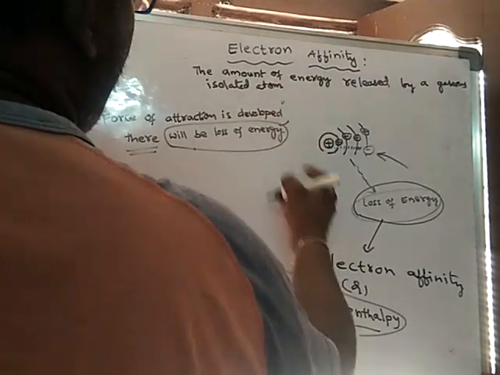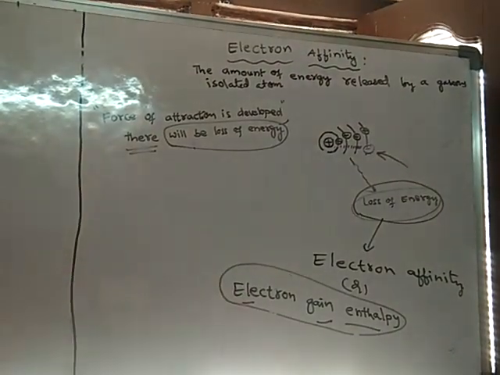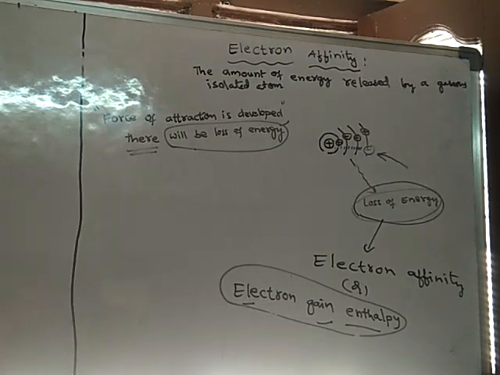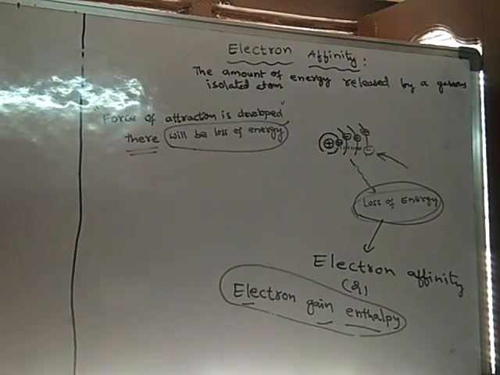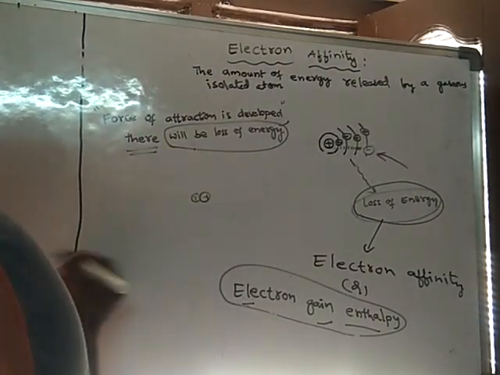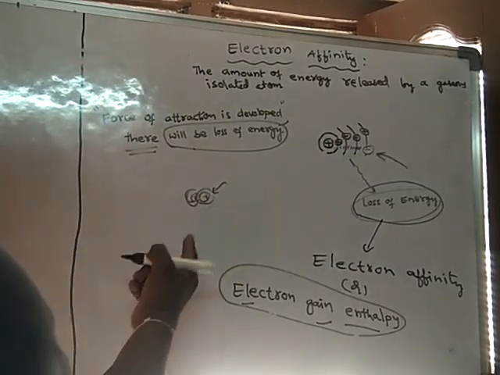Actually, this atom should be a single isolated atom. Only into an isolated atom can we add an electron. We cannot add an electron to an atom which is present in a grouped atom. Suppose one atom is combined with another atom, to that atom we cannot add an electron.